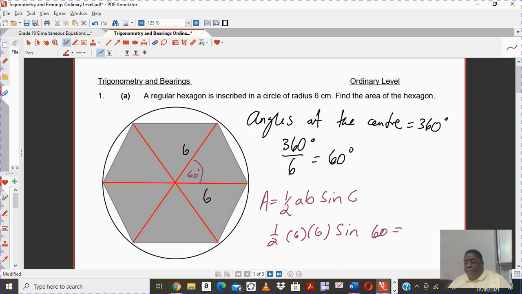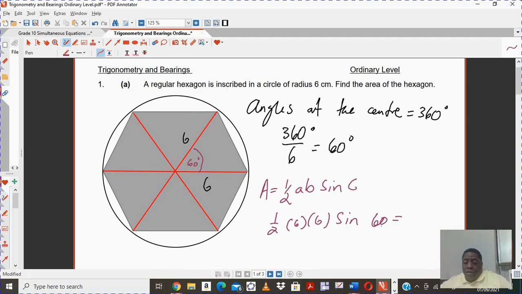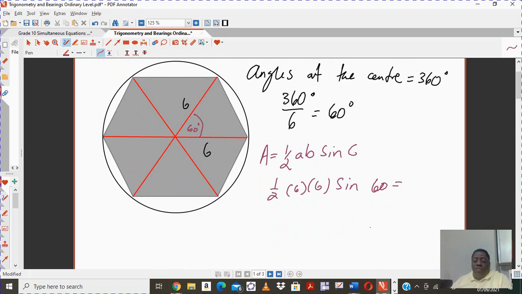Well, you can go ahead and work this out. You should realize that the area would be nothing but 36, half of 36 is 18. So that's 18 times the sine of 60.